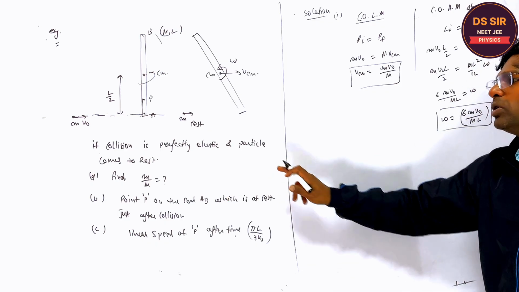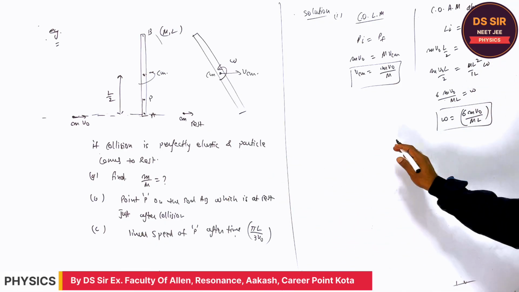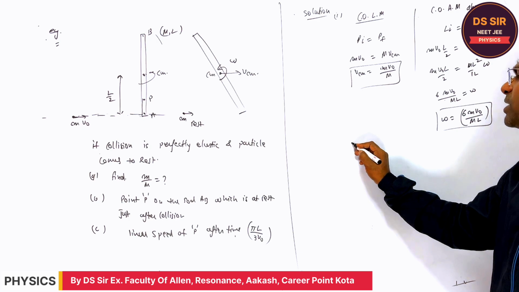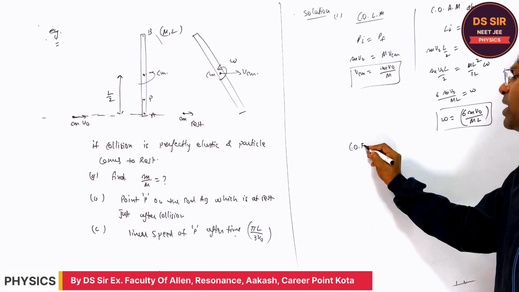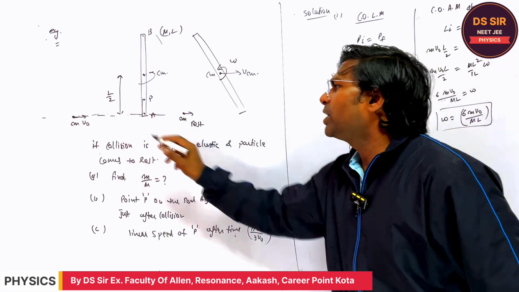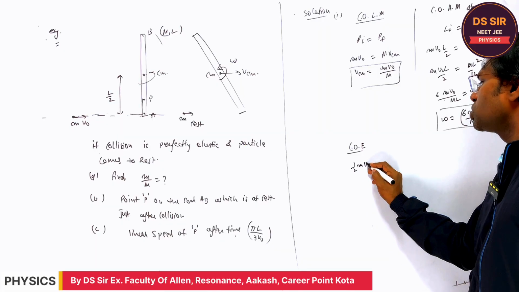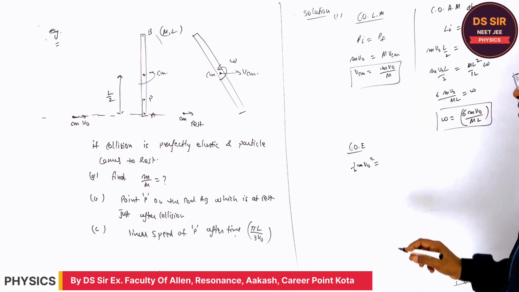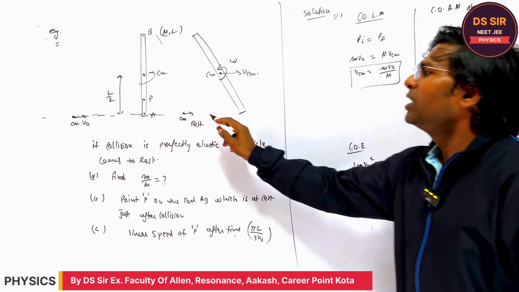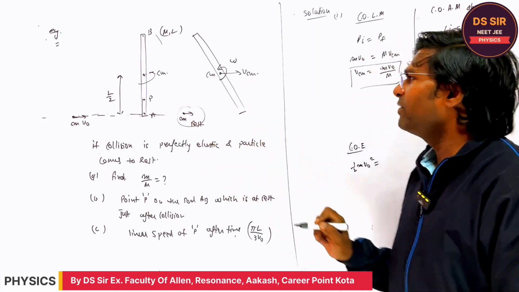The collision is perfectly elastic. So what do we have to apply? The conservation of energy. The initial energy is half m v naught square, equal to the final kinetic energy. The particle is at rest, so it does not have any energy.